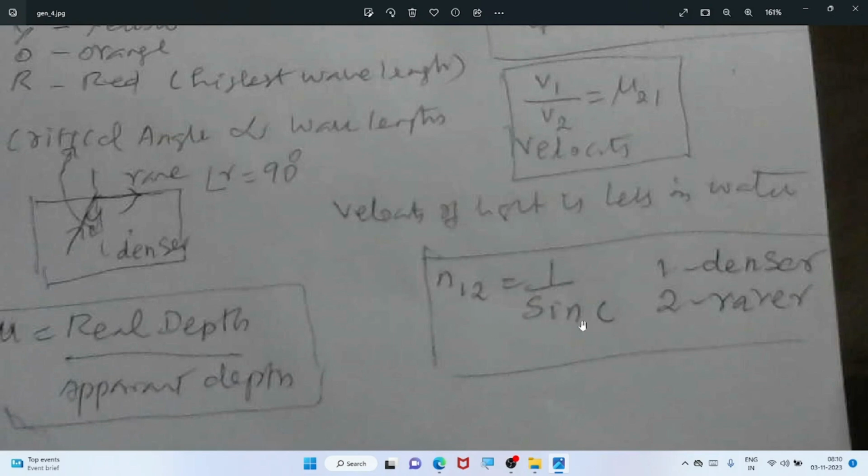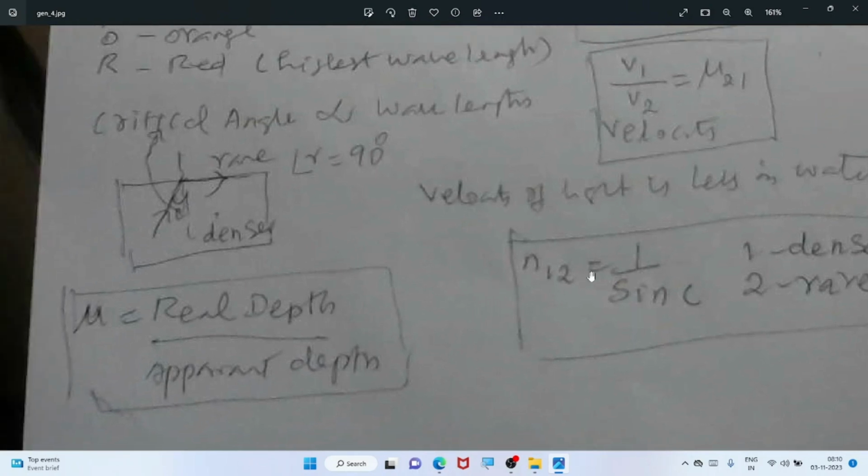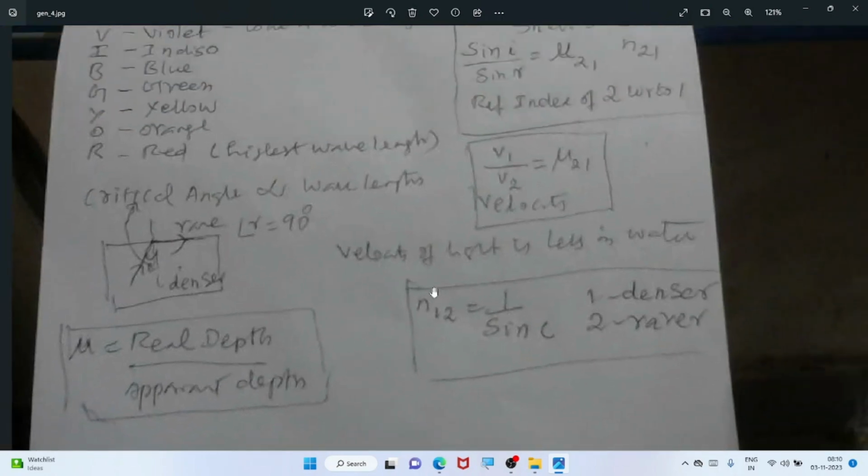The refractive index is also related to depth: real depth divided by apparent depth is the refractive index.